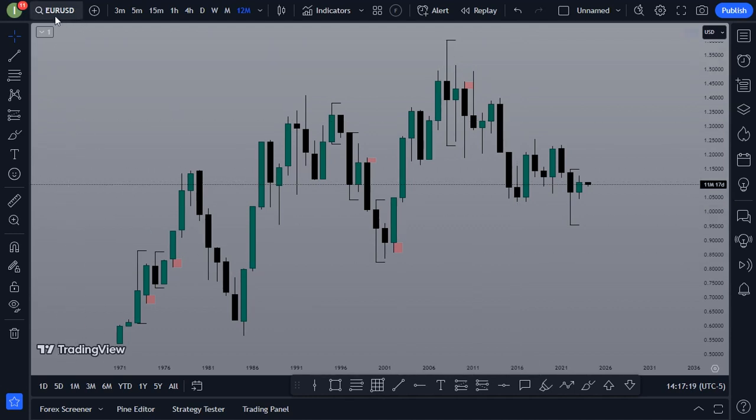This is the Euro USD chart. I'm going to show you something that I found in the last couple of days, and I've been trying to get some more information about it.